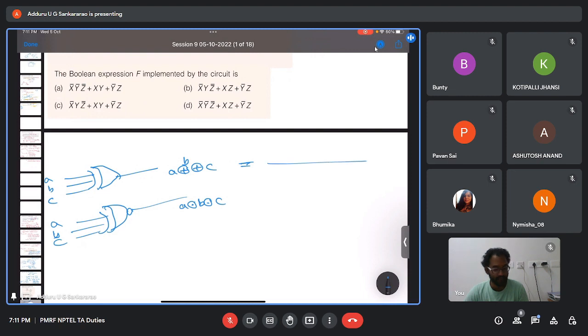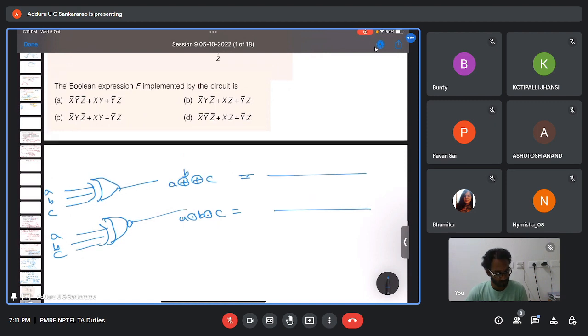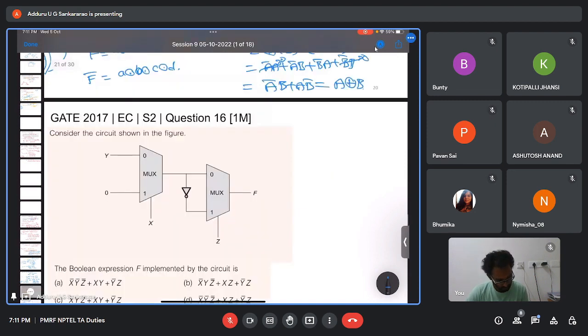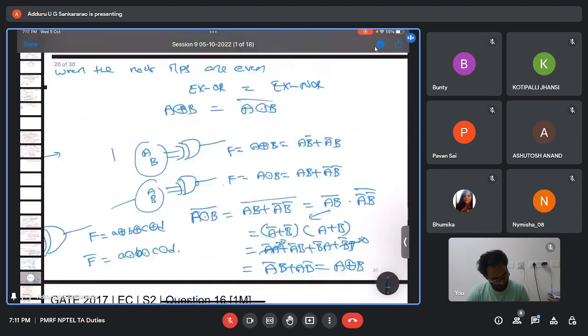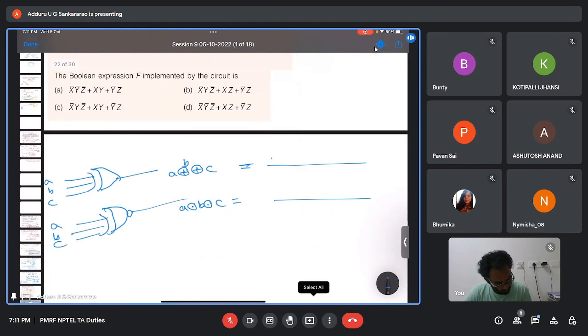Whatever expression you get, both will be the same. Later you can expand this. You can get sigma m of 1, 2, 4, 7. Both you'll get the same thing.